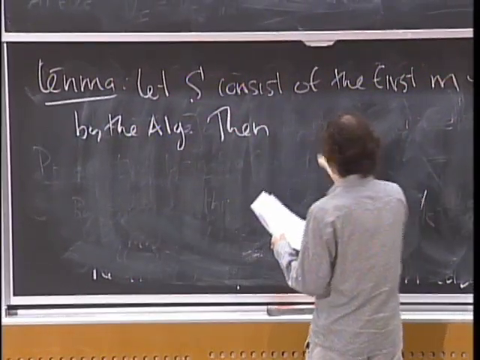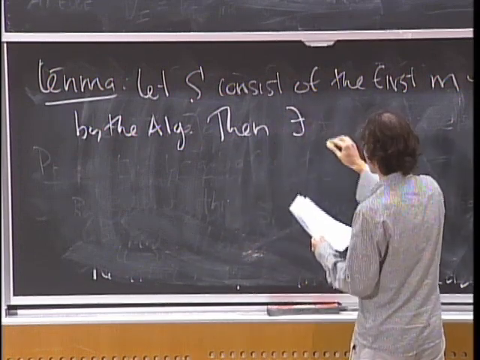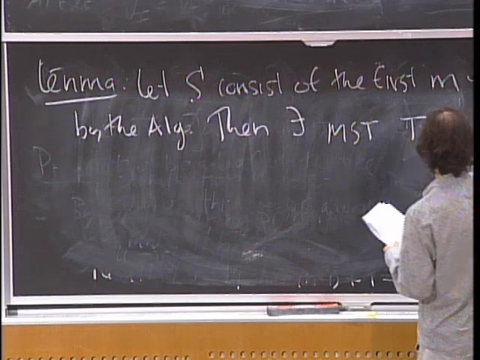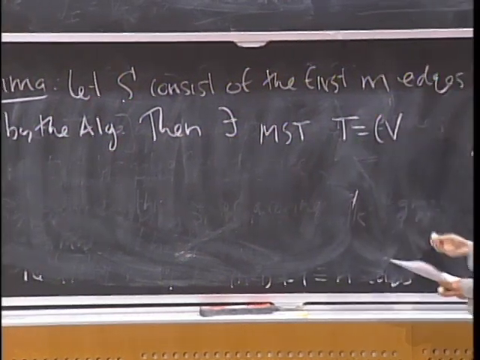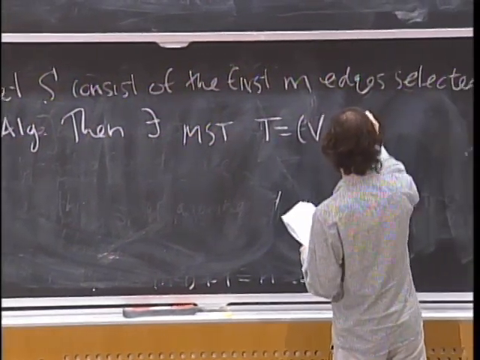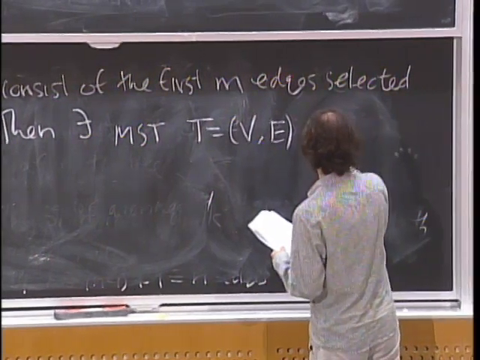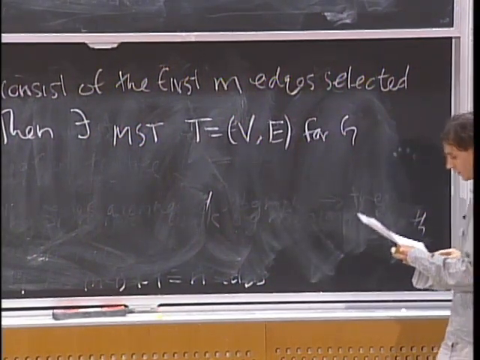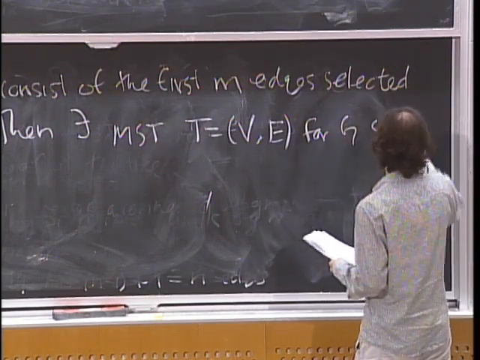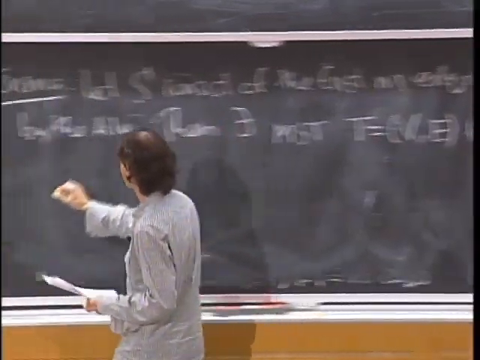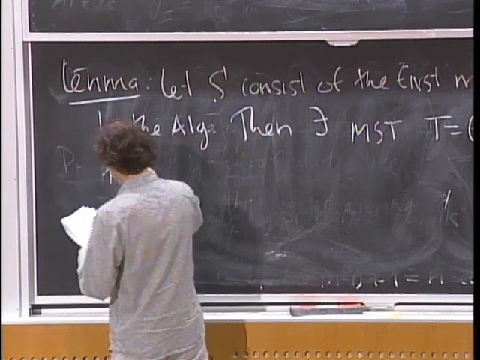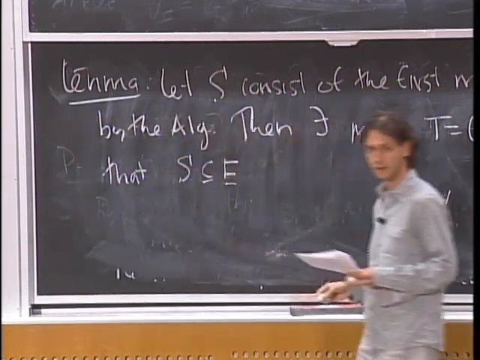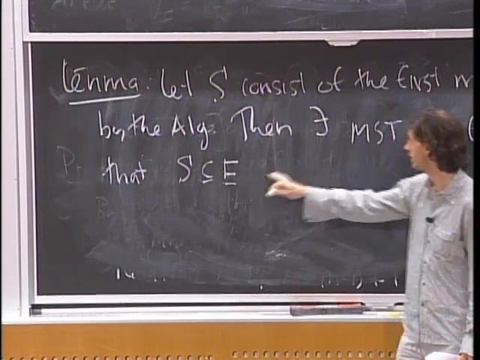So we want to show that there exists a minimum spanning tree, T, that has the vertex set V and an edge set E. So this is a minimum spanning tree for the graph G, such that S is actually a subset of the edges in this minimum spanning tree.